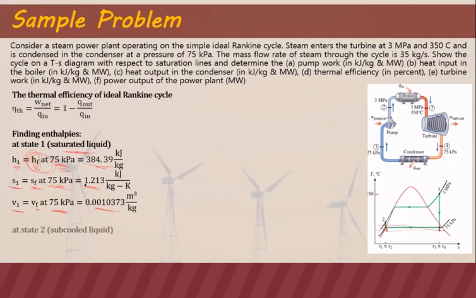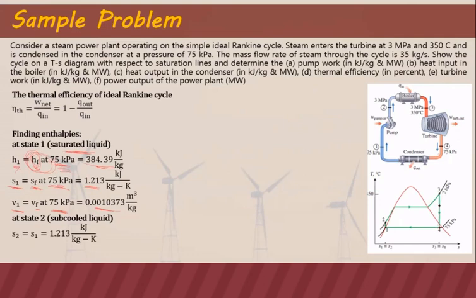Next is state 2. State 2, as you can see here, is now a subcooled liquid, because it is on this side here. For this process, since this is a P-s diagram, a vertical line means that the entropy is the same.